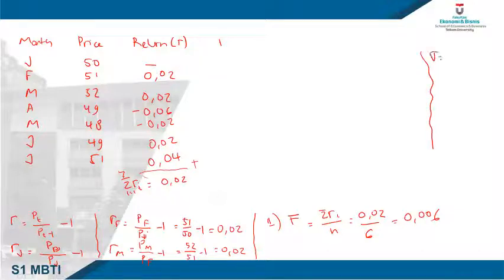Standard deviation is the square root of the sum from i equals 1 to n of (Ri minus r bar) squared, divided by n minus 1.